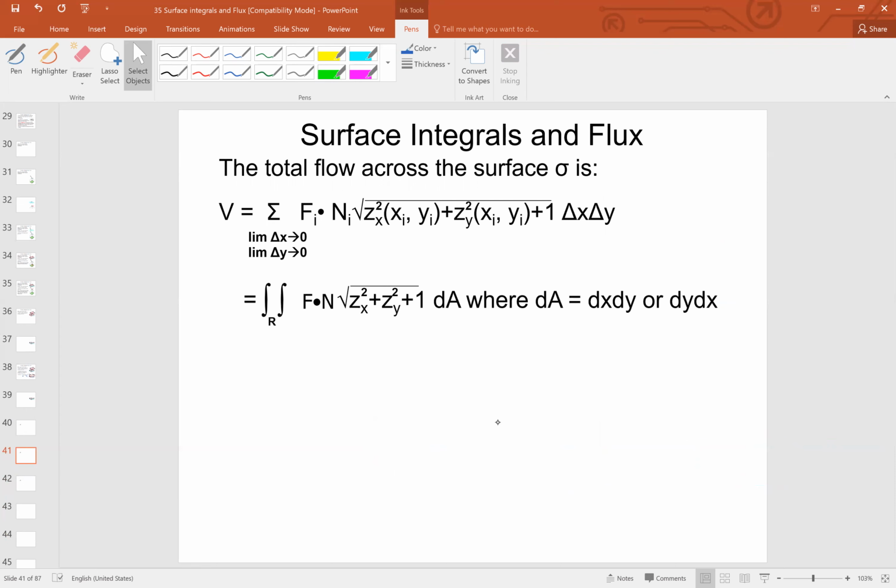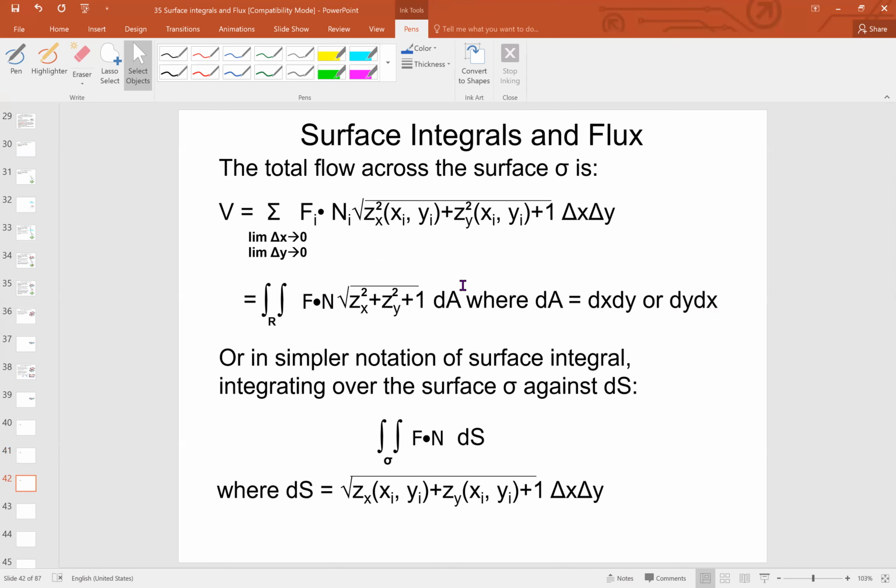A dot product in the formula: F dotted with n, and remember this is the unit normal. F is the flow, the flux vector. N is the unit normal vector. You want to dot these and do all these surface differentials. Except these things actually clean up a lot further.